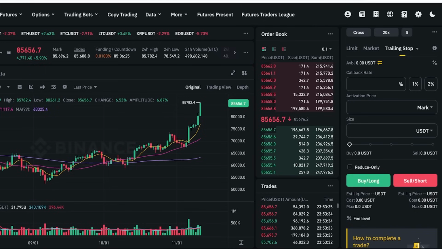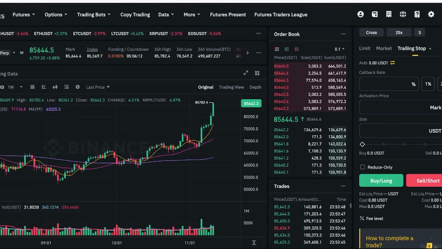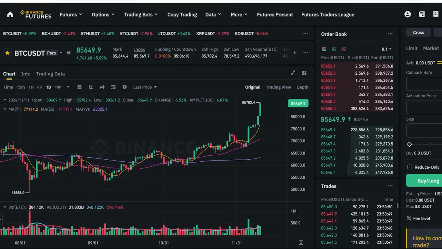A trailing stop order is an order type where the stop limit moves with the price, but only in one direction. For example, we're currently in a long position for Bitcoin at $25,000 and we are already $1,000 in profit, because we entered at a price of 24,000.